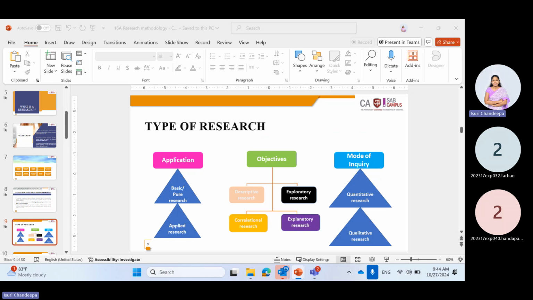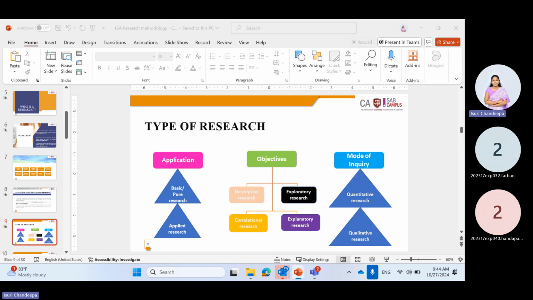Based on its classification, based on the description.